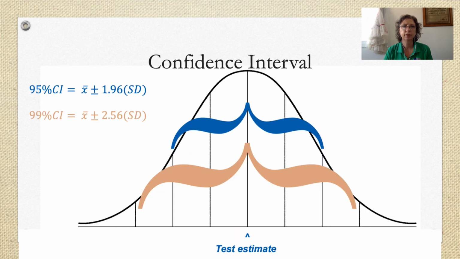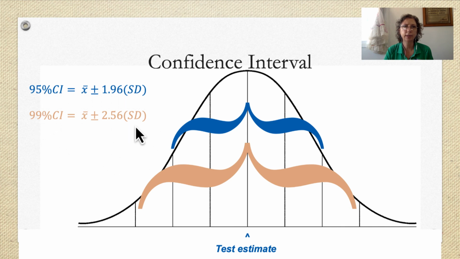Statistically, if we were calculating confidence intervals by hand, it would go like this. We would take the test estimate and we would add 1.96 times the standard deviation, and we'd also subtract 1.96 times the standard deviation. And those would give us the upper and lower bounds for that 95% confidence interval.